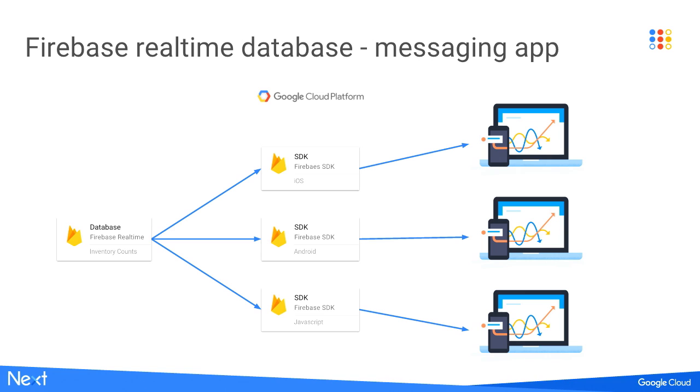You might be using Firebase Analytics integrated in all of your apps, and then it's very easy to export that data from Firebase Analytics into BigQuery so that you can run your ad hoc queries. So because we have this tight integration between the Firebase services and the Google Cloud Platform services, it makes it very easy for you to leverage one, and then once you need to get the power of the Google Cloud Platform, it's trivial to move your data over and move it into some of the other Google Cloud Platform services.